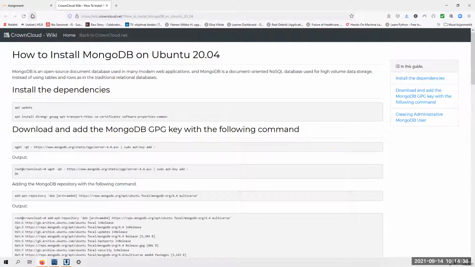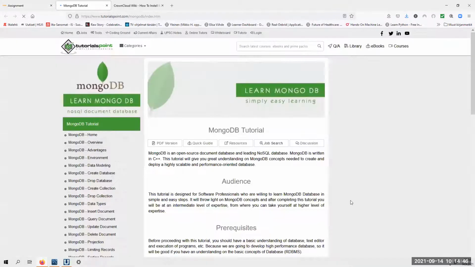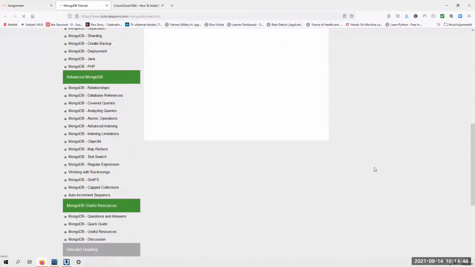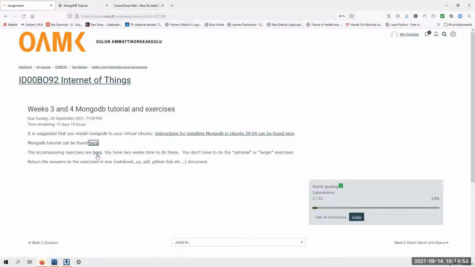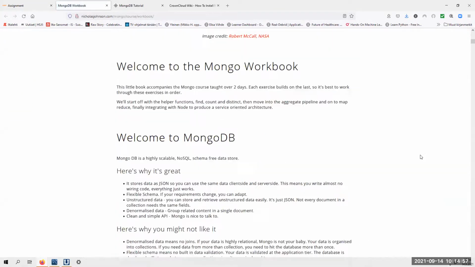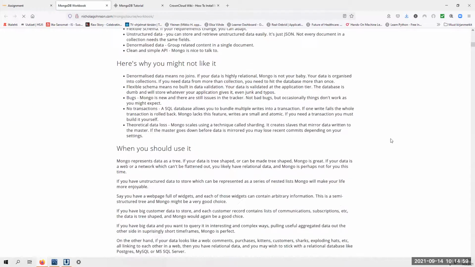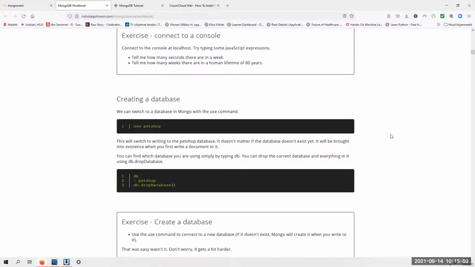And then you have the command line where you can start making the assignments. Here is the tutorial, which is quite nice. I couldn't have written better myself. And here are the exercises, the MongoDB workbook. So this is very good material for self-study.